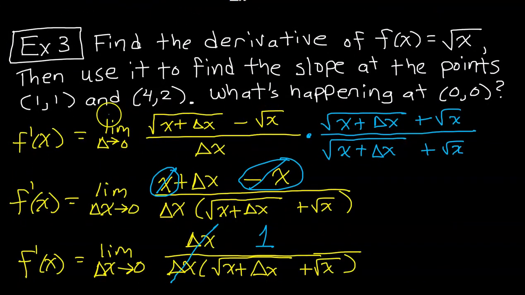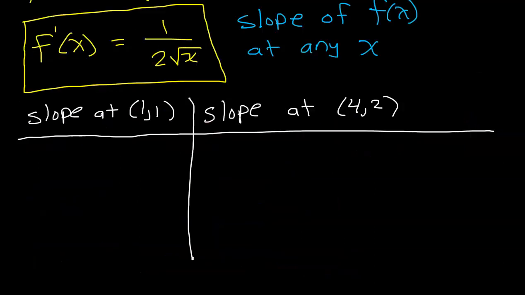All right, we want to know what's the slope at (1, 1) and (4, 2), and what's up with (0, 0). So let's go ahead and find the slope at (1, 1). All that really matters here is the x value, which is 1. And here we have a formula for the slope.